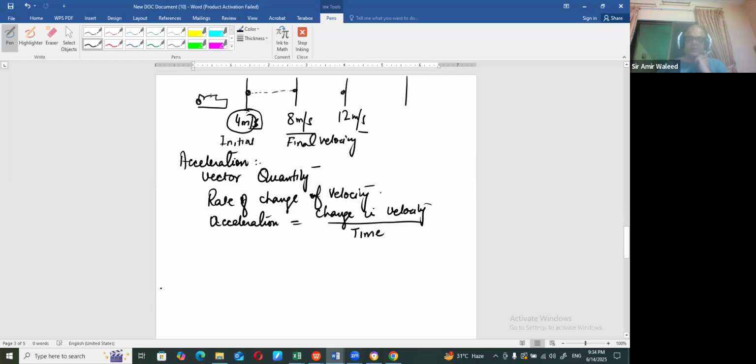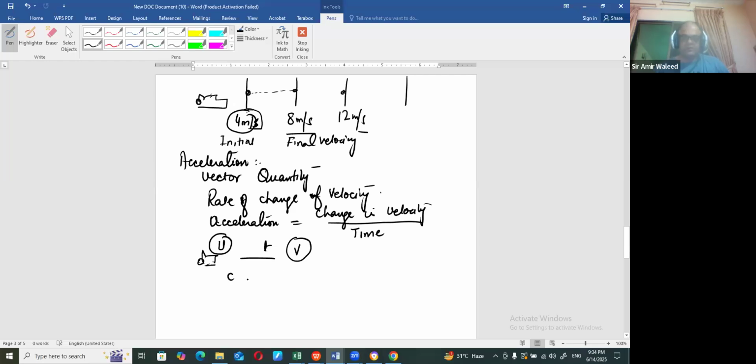Now, let's suppose this is a car. It has an initial velocity u, and after time t, the velocity changes to v. So initial velocity is u, final velocity is v. How will you find the change in velocity?